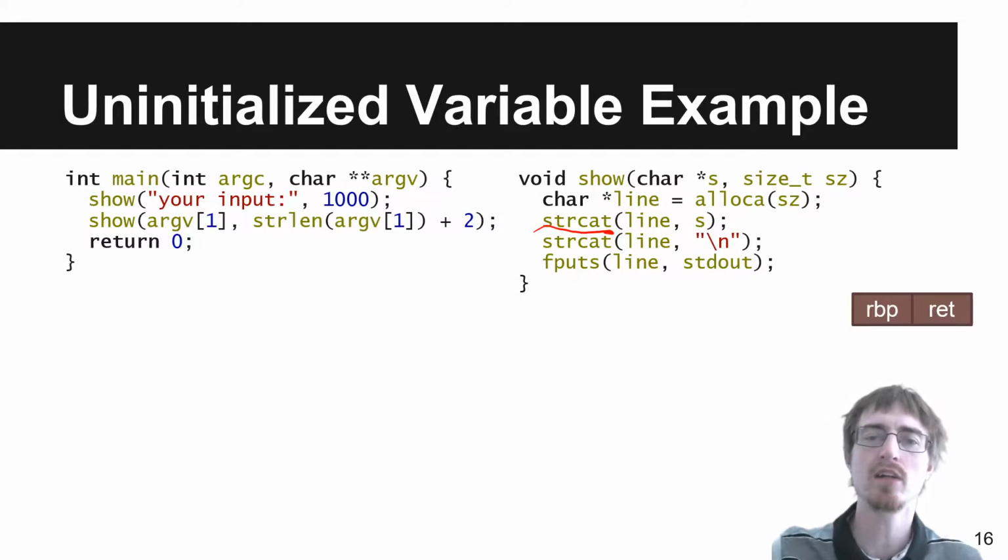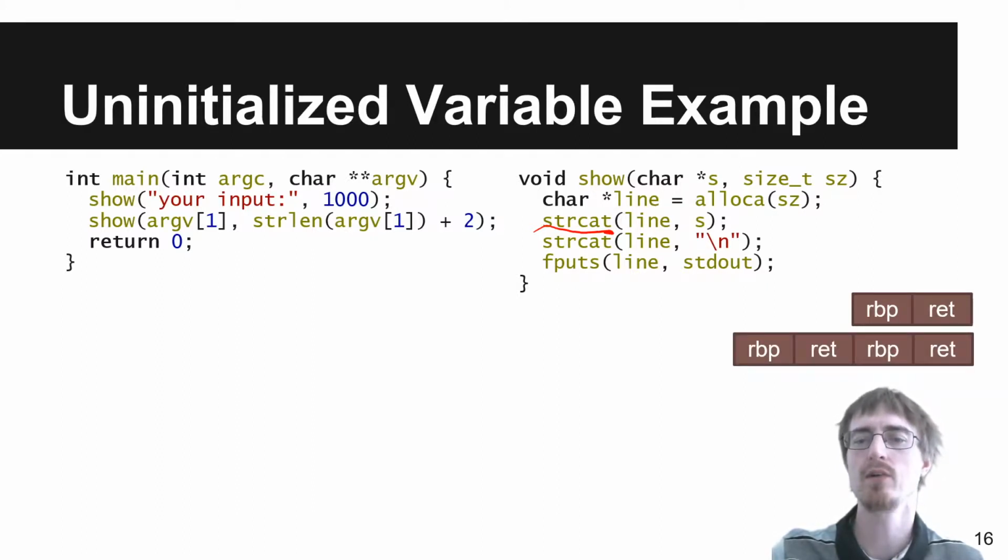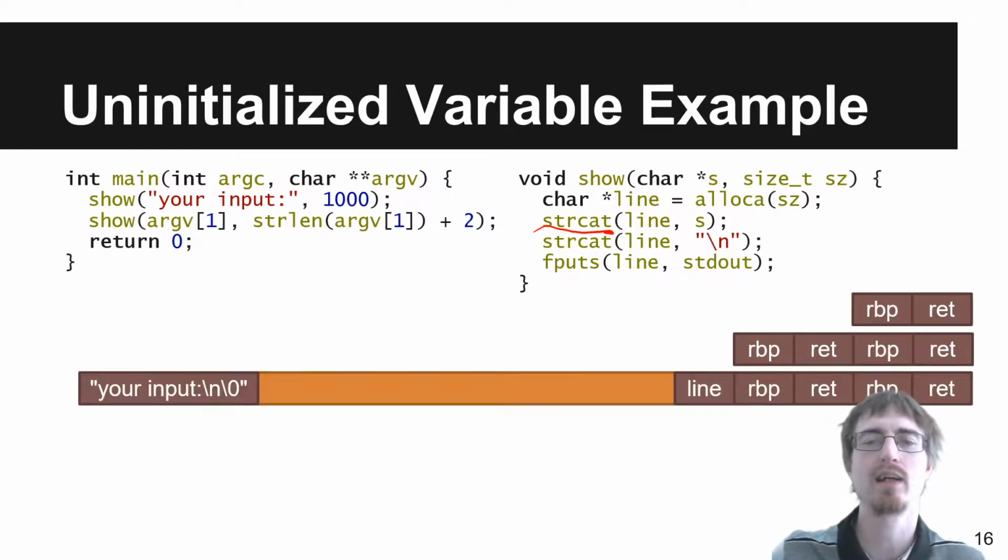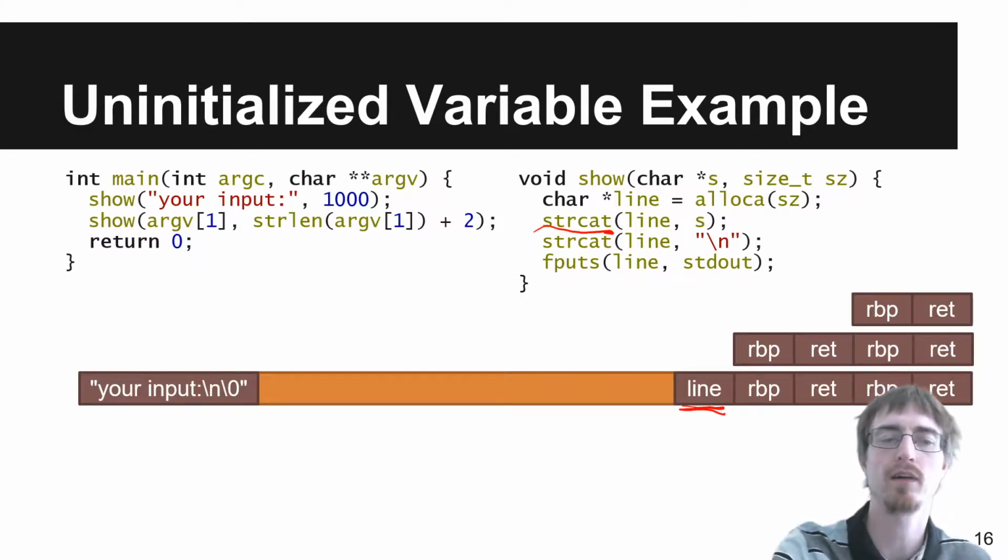So, what is going to happen? Let's start execution. At first, we only have a return address and RBP for the main function. Then we call show. Again, we add a return address and RBP. There are, at this point, no local variables yet, but we will allocate one now. So, the function allocates the buffer line using alloca, which means we add a local variable line here, and also the buffer.